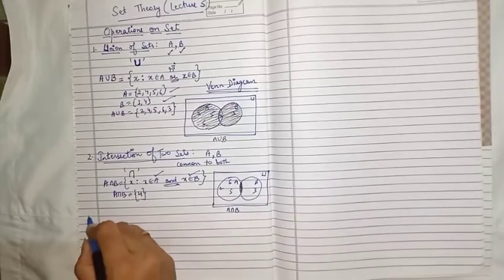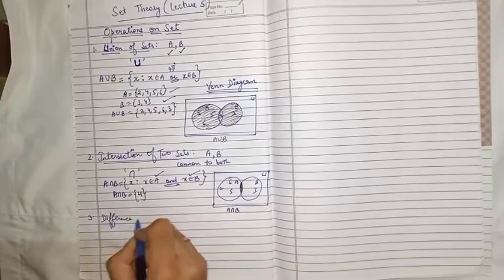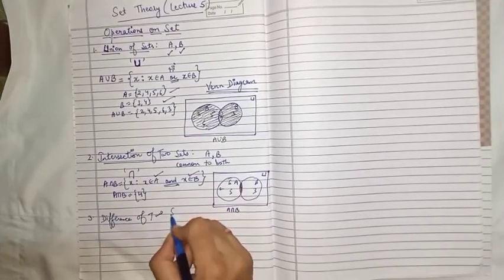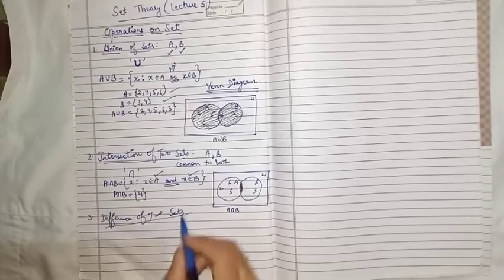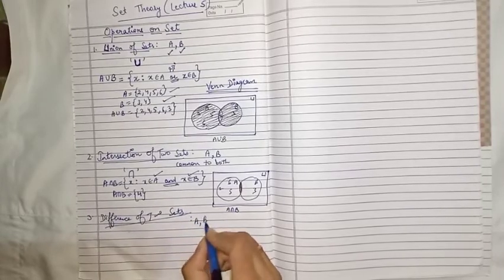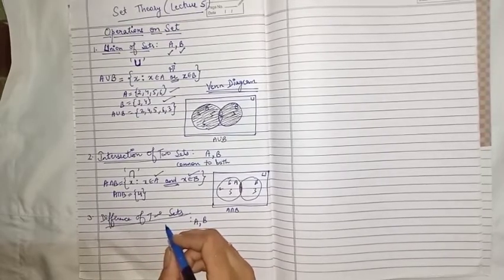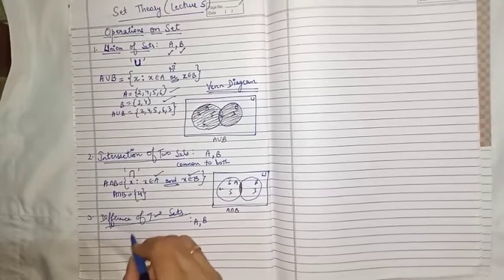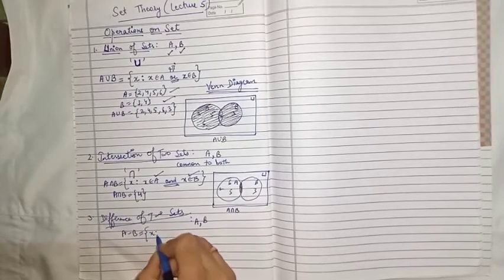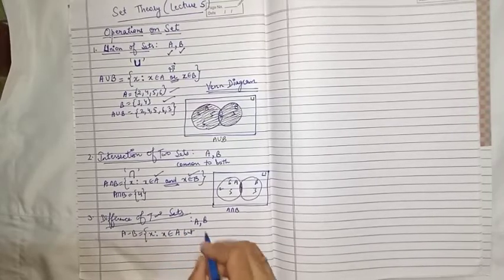My next topic is difference of two sets. Let us consider sets A and B. What will be my difference of two sets? In the difference of two sets, A minus B, I'll write those elements which belong to the first set but not to the second set.